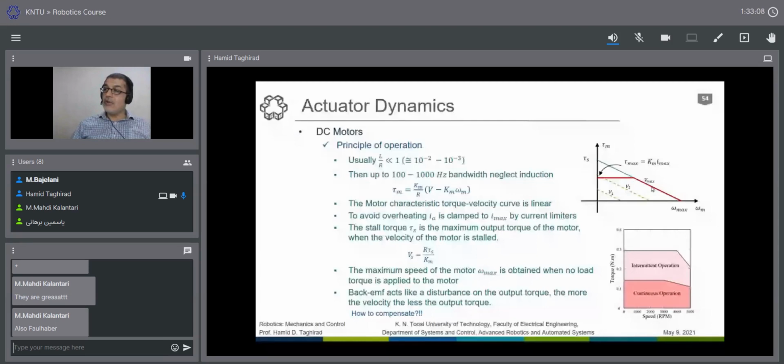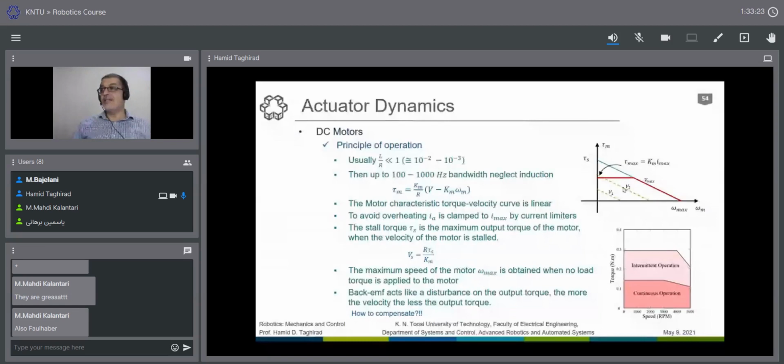As we increase the voltage, we want to go to Vmax, the maximum voltage that we can apply to the motor. Then we can have higher speed. We can be anywhere in here.